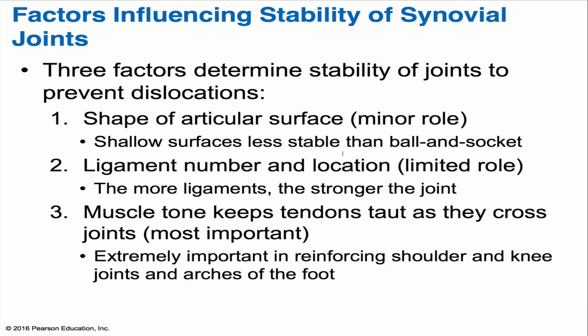In other words, when a muscle is relaxed, the tendons are still under a certain degree of contraction. This tone is what pulls on the muscle tendon that's attached to the joint, and it is what helps keep the bones in place. This is extremely important in reinforcing your shoulder and your knee joints, as well as the arch of your foot.